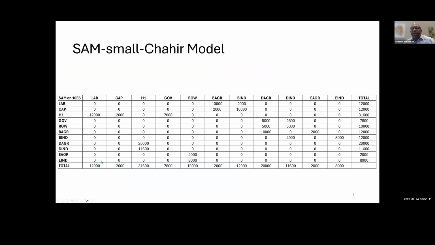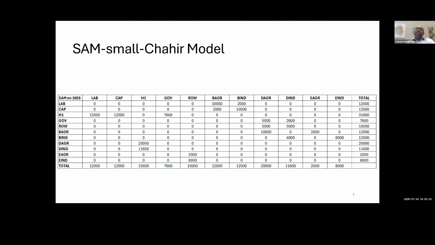Shahir discussed the model he presented yesterday. In preparation, I looked at the small model presented by Shahir yesterday.